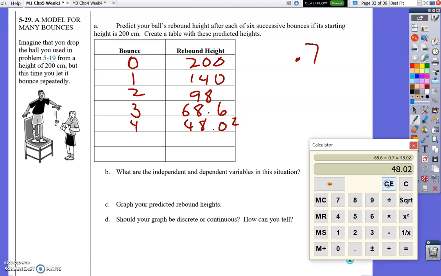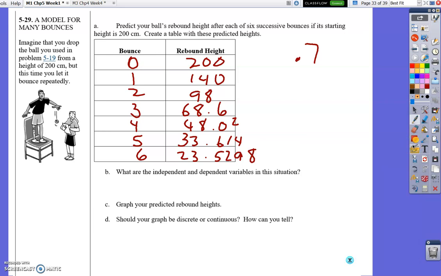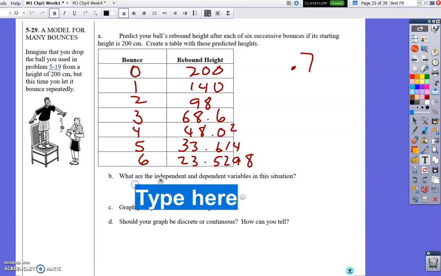And we will times that by 0.7, and that's 33.614. And then our final bounce, the sixth bounce, will be 23.5298.